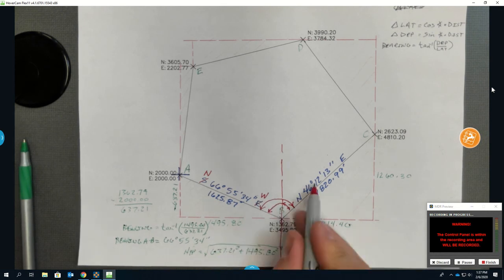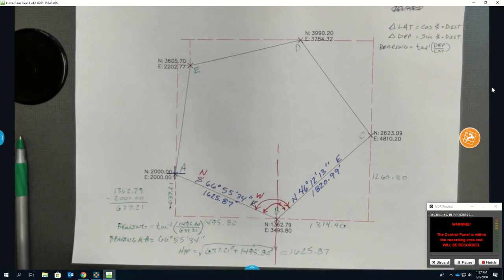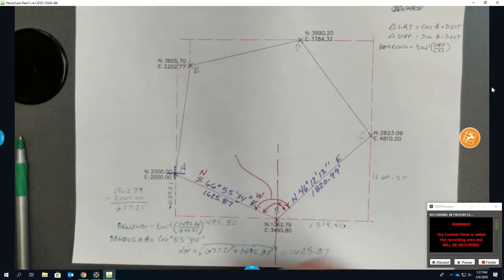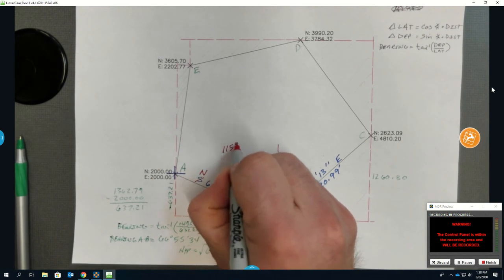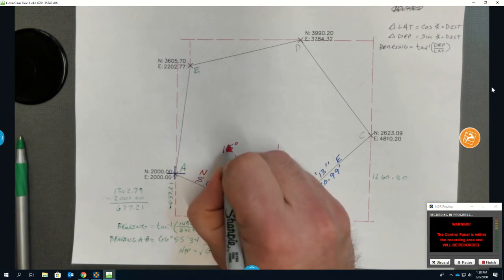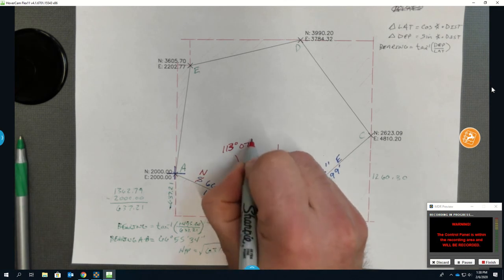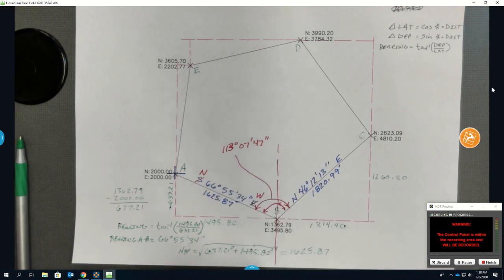So I'm just adding these two together to figure out my interior angle. So what would be my interior angle here then? 113 degrees, 07 minutes, 47 seconds. Okay, that's my interior angle.